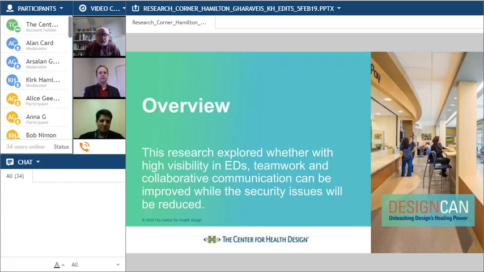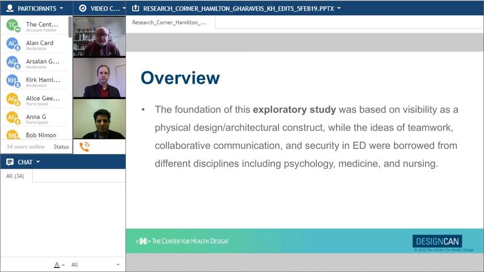So this research explores the high visibility issues associated with an emergency department, the ability to have staff see one another, and the impact on their teamwork and their communication. He is working with the idea that this kind of communication improves the quality of the care delivered, and it can enhance the way security is perceived.